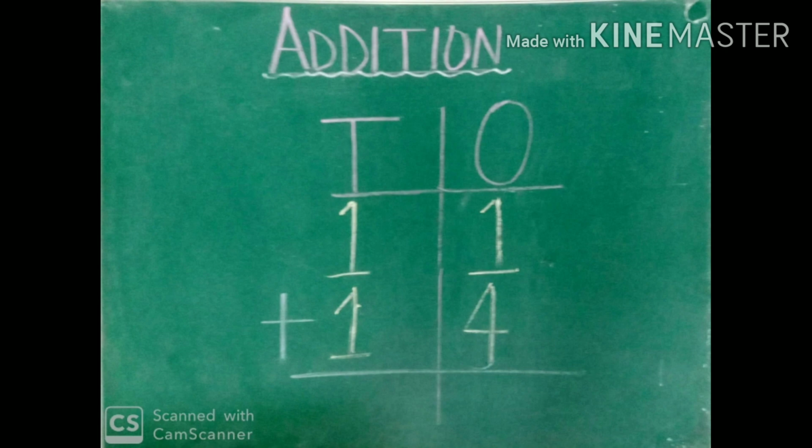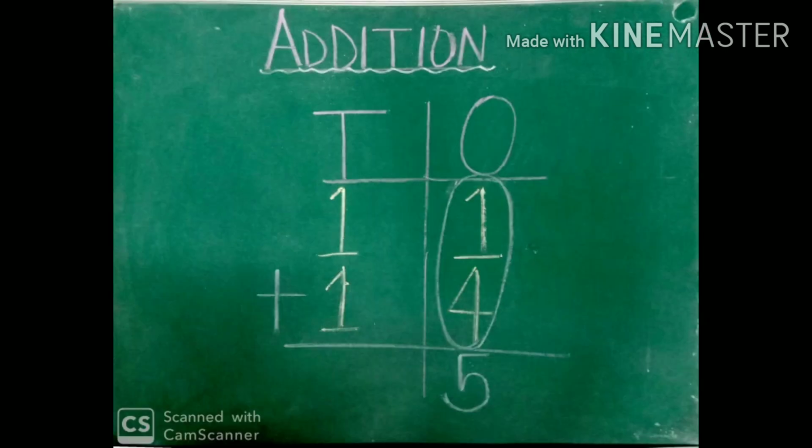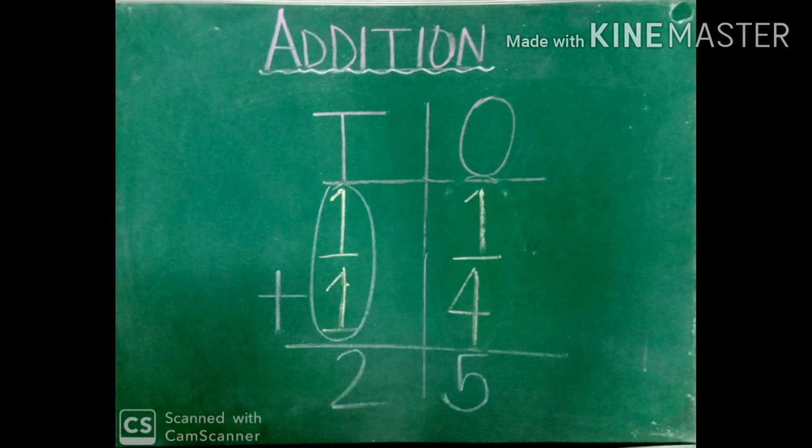First we will add the ones column. That is 1 plus 4. So 1 plus 4 gives us 5. Very good. Then we add the tens column.